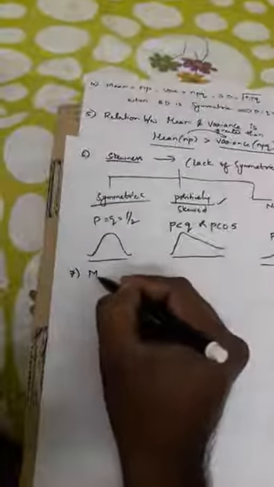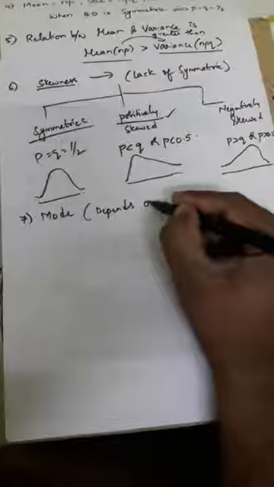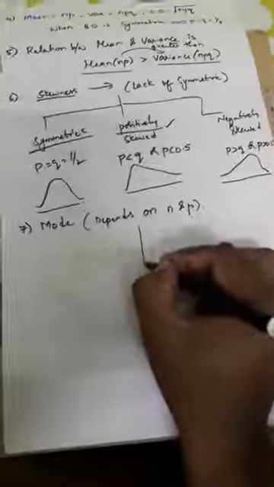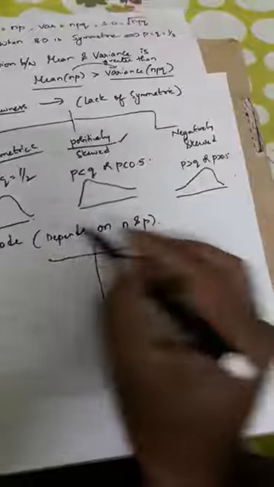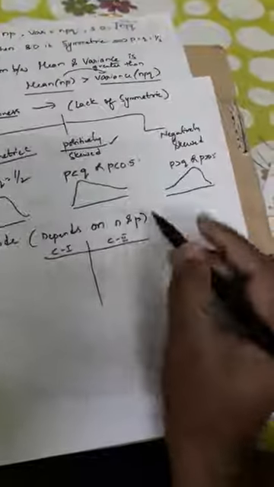how to calculate the mode. This mode value depends on the parameters n and p. So two cases, case 1 and case 2.